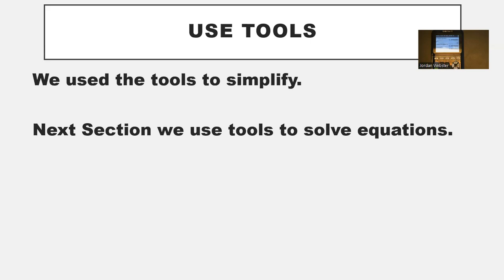Whichever you like, you can do. If you like the change of base rule, if you like just typing in your calculator in the math menu, log base, whatever, you can do that as well. Okay.